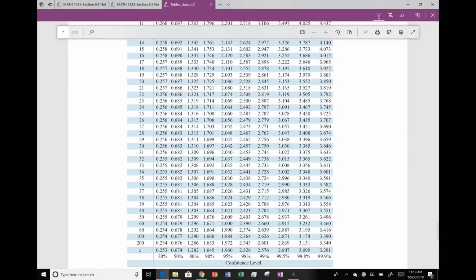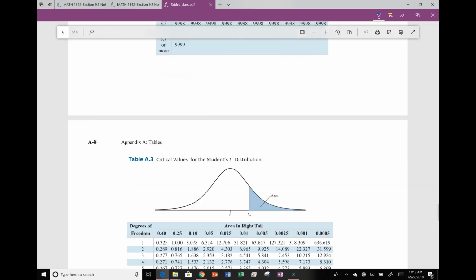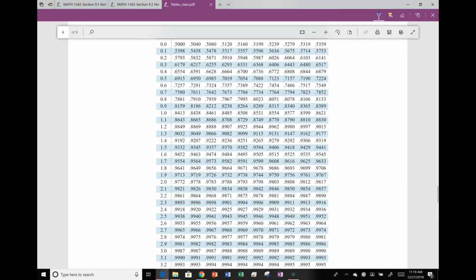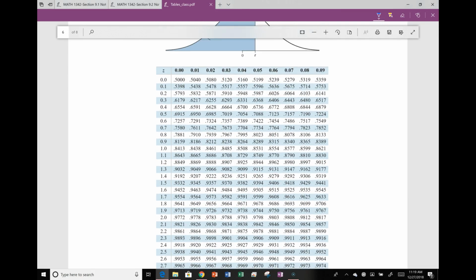So let's scroll back up to 1.95. Erase what I've got here. 1.95, so 1.9 and 5 would be right here, 0.9744. Again, I need to subtract that from 1 because it's so far over there.